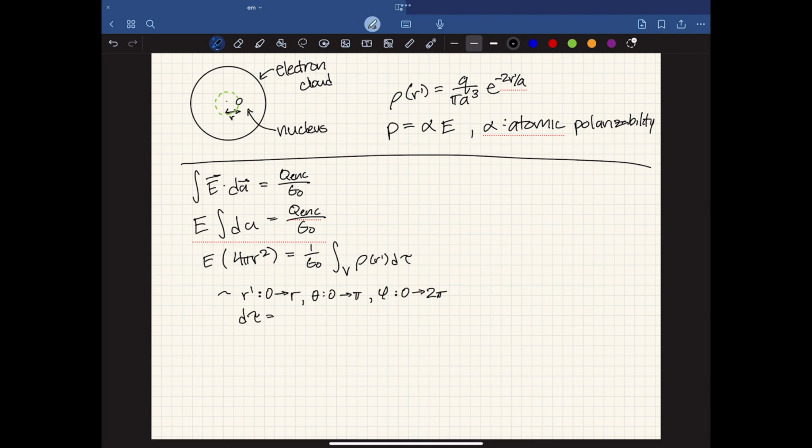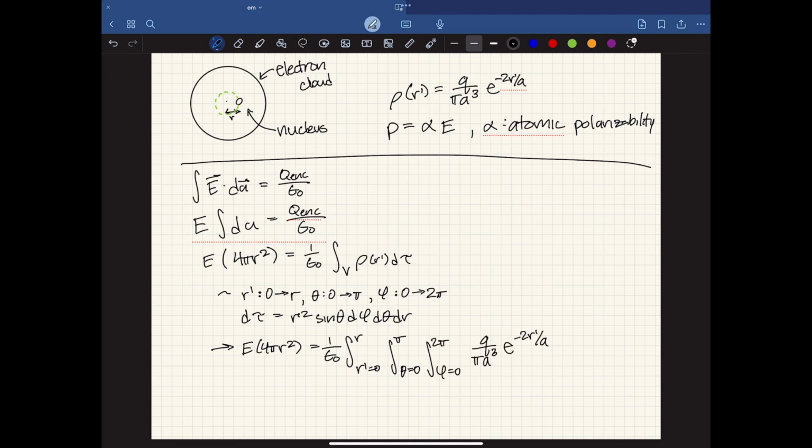And d tau is r squared sine theta d phi d theta dr. So this is the integral we need to solve.